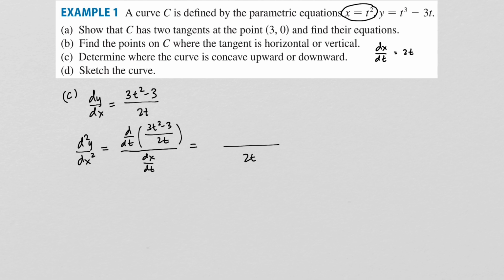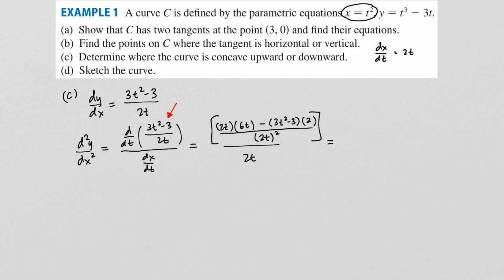Now we just need to take the derivative of this function with respect to t, and that's going to be a quotient rule. So for that, we take the bottom function 2t, multiply it by the derivative of 3t squared minus 3, which is 6t, minus, then we take the top function 3t squared minus 3, multiply it by the derivative of the bottom function, which is 2, and then we have to divide that by the bottom function 2t quantity squared.